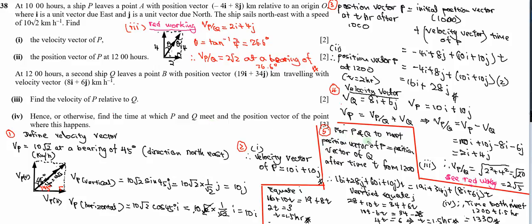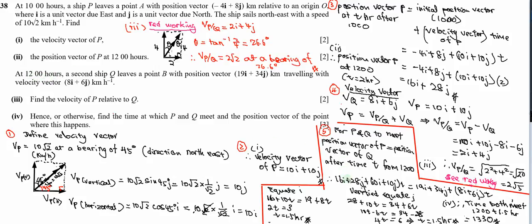For P and Q to meet, the position vector of P must equal the position vector of Q after time t from 12 noon. The definition of t here is no longer from the 10 hour, because Q only started at 12 hour. Therefore, we define t from 12 hour onwards.